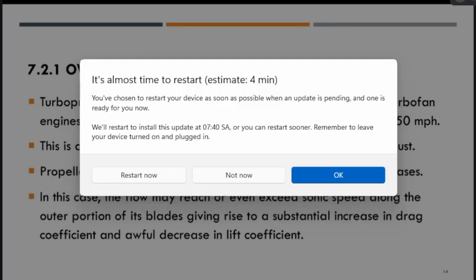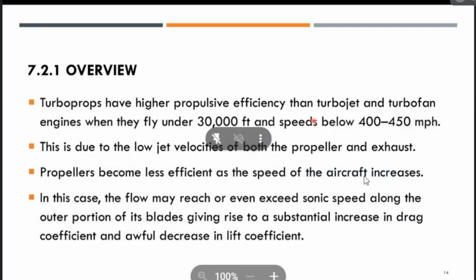A turboprop has higher propulsive efficiency than a turbojet. Of course, that's why most transport cargo aircraft use a turboprop system instead of a turbojet or turbofan when they fly under 30,000 feet, with a speed requirement below 400 to 450 miles per hour.